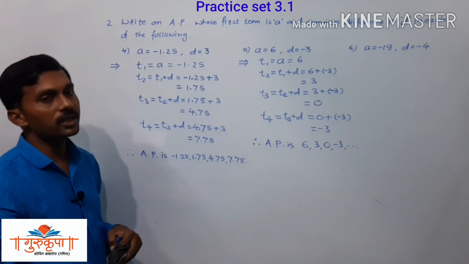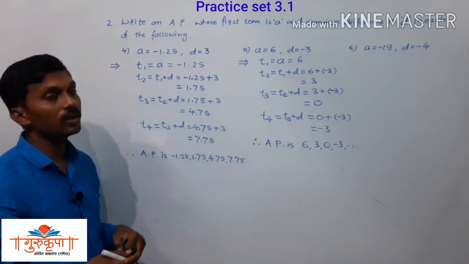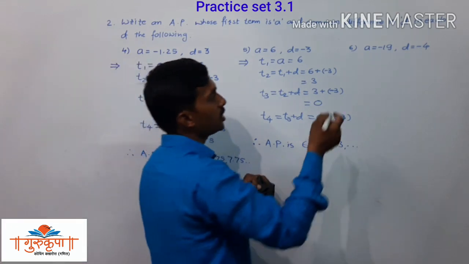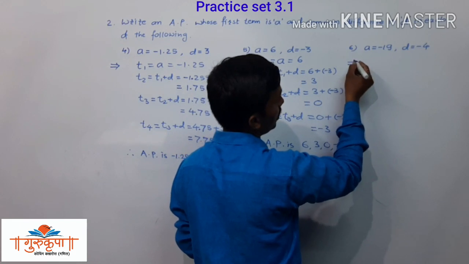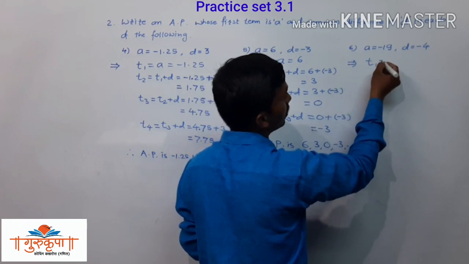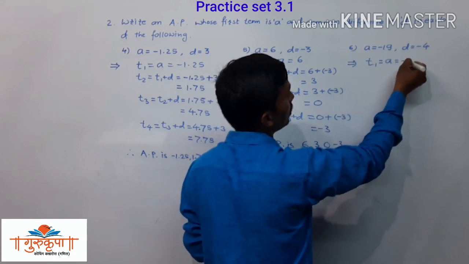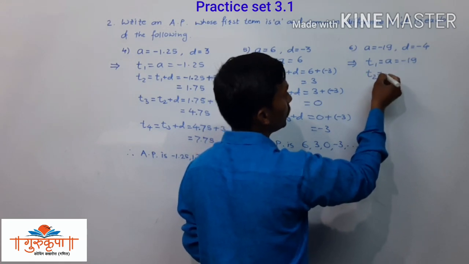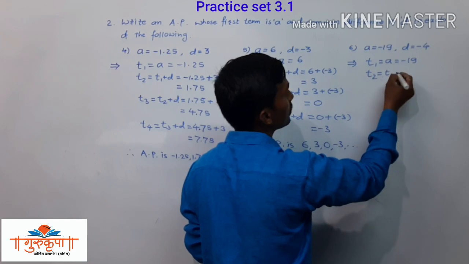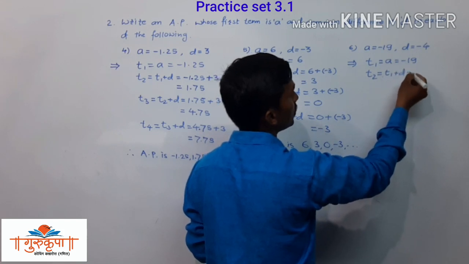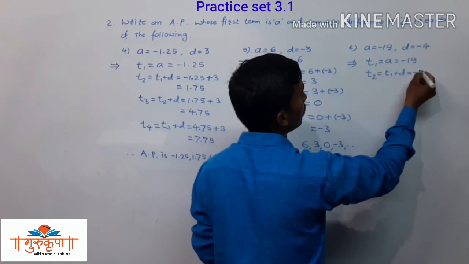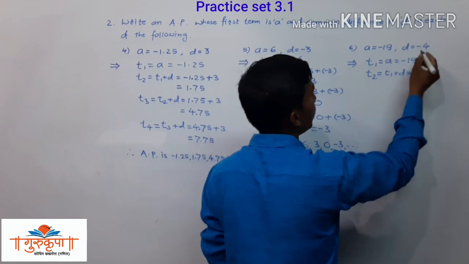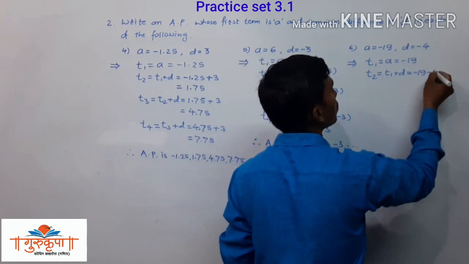And now we have last example from this second question, that is example number 6. Here we have A is equal to minus 19, that is T1 is equal to A is equal to minus 19. Then we have to get T2, that is T1 plus D. This T1 is minus 19 and D is minus 4.